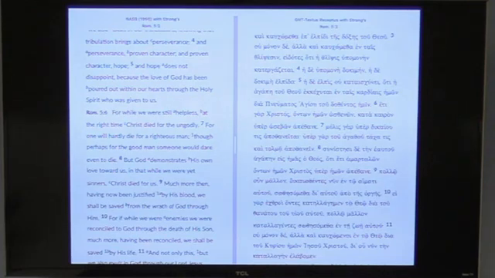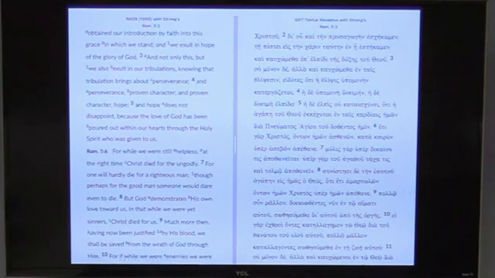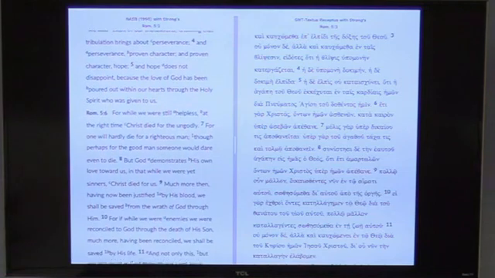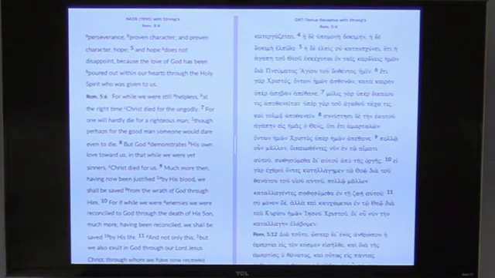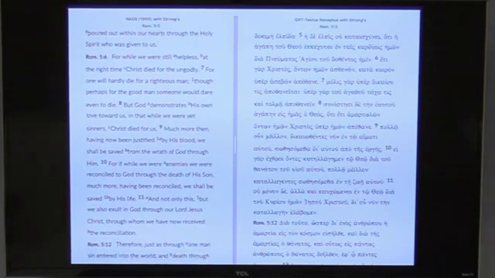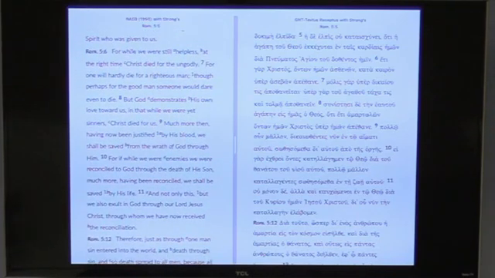I put down, because hardly a man alive would die for a sinner, but the Christ of God did it for us. That was the point I think Paul was making. Hope does not disappoint. The love of God has been poured out within our hearts through the Holy Spirit, who has given us Christ.